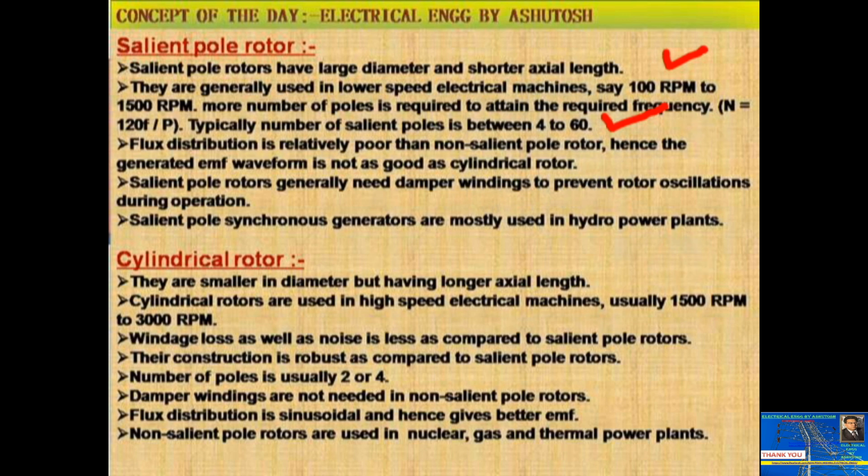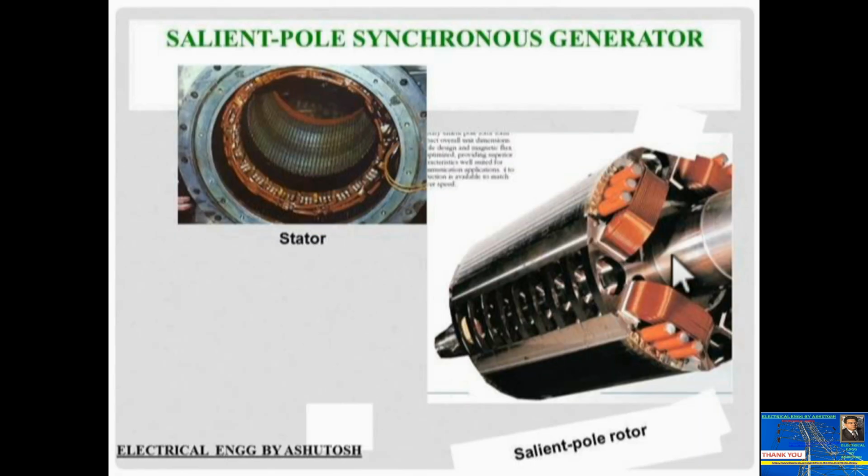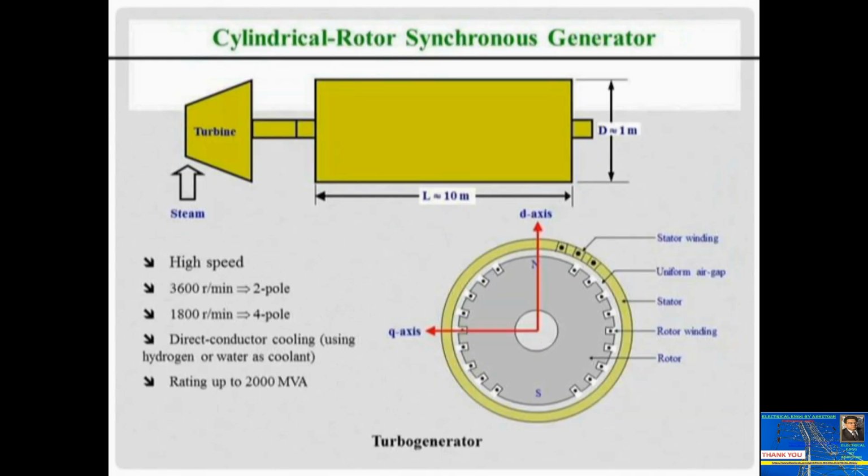This varies depending upon the numerical value, 4 to 60. But cylindrical rotors are used in high speed electrical machines, usually 1500 RPM up to 3000 RPM. This is the salient pole rotor and this is the cylindrical rotor. Here with 2 poles the speed is 3600 rotations per minute, and 1800 RPM with 4 poles, with direct conductor cooling using hydrogen or water as coolant and rating up to 2000 megavolt ampere.